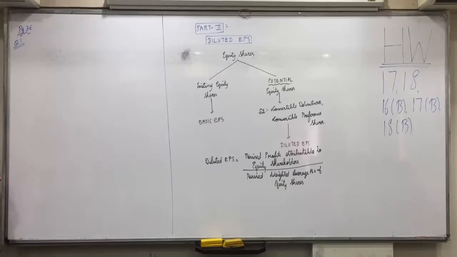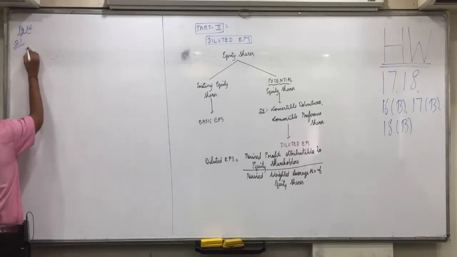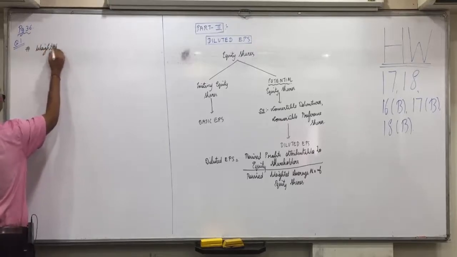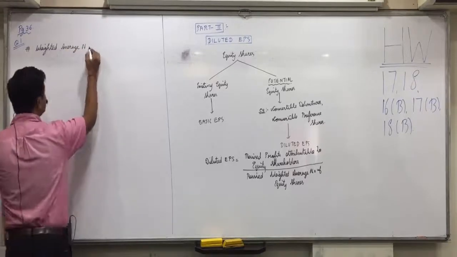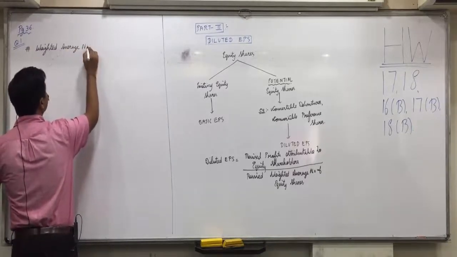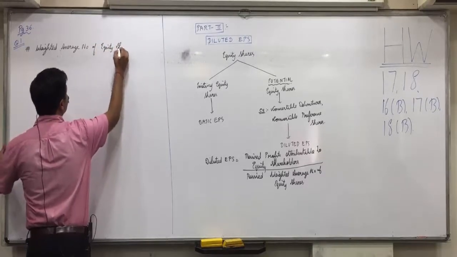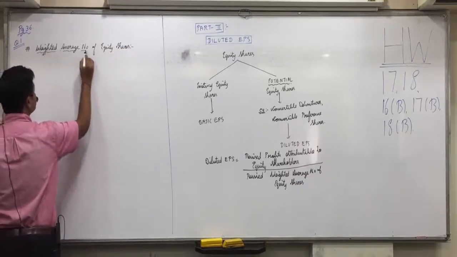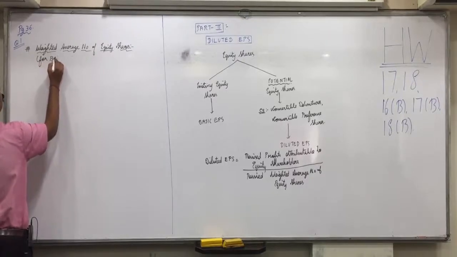First we have to find weights for basic EPS, and then again we have to make the same table for diluted EPS. So give the heading: weighted average number of equity shares. In bracket, this is for the purpose of basic EPS.